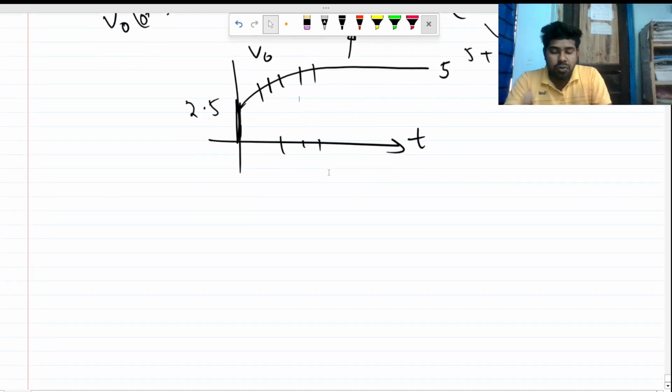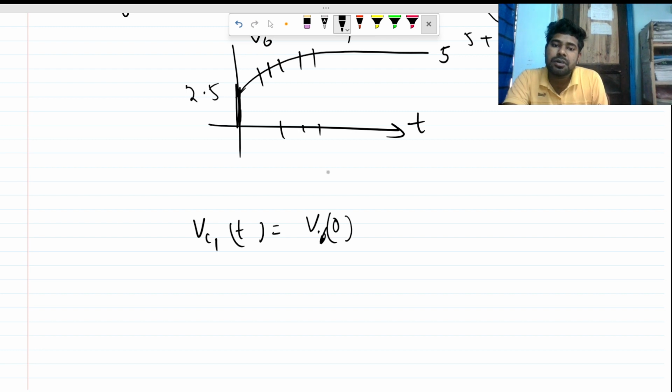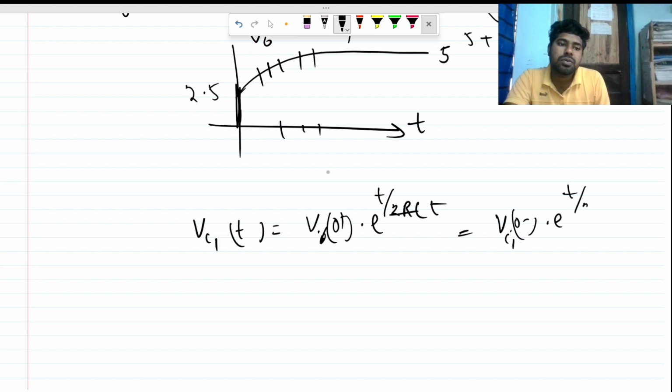And how do we find the Vc1? Basically this is discharging. So the discharging equation is nothing but Vc1 of 0 plus times e power minus t by tau, that is, e power minus t by 2RC.